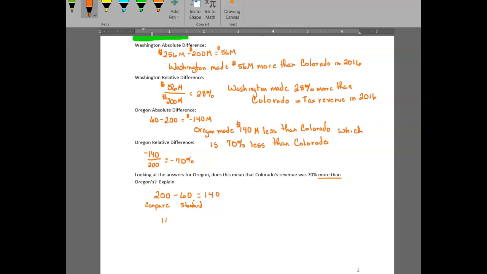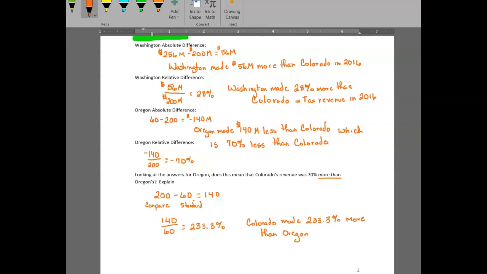And so we would have to take 140 divided by 60, which is now 233.3%, so Colorado, now being the compared one, made 233.3% more than Oregon.